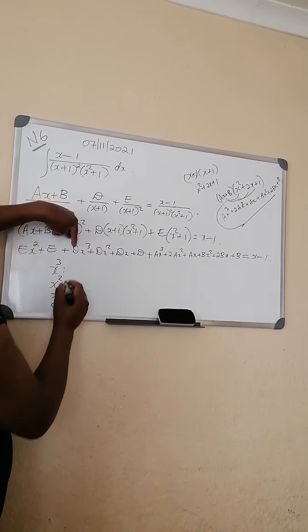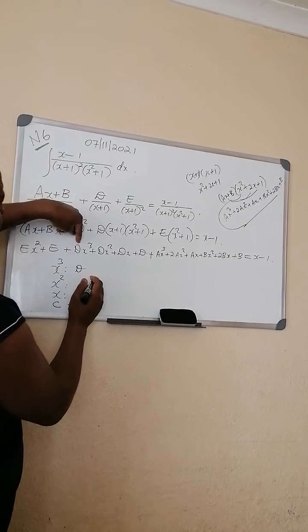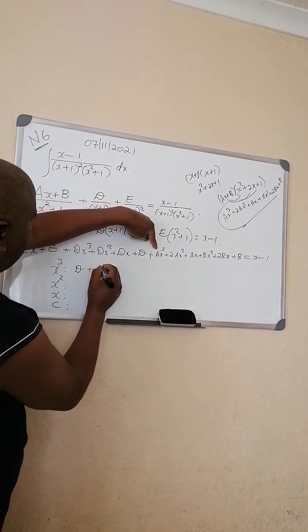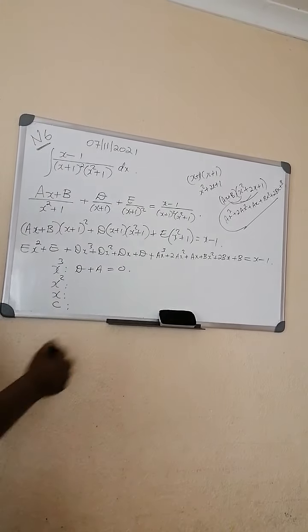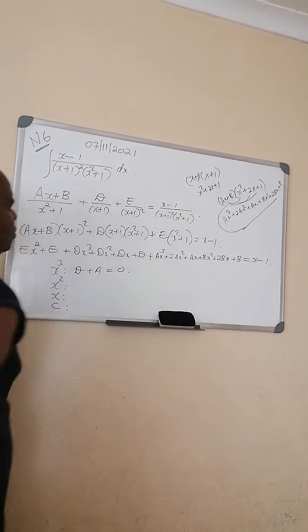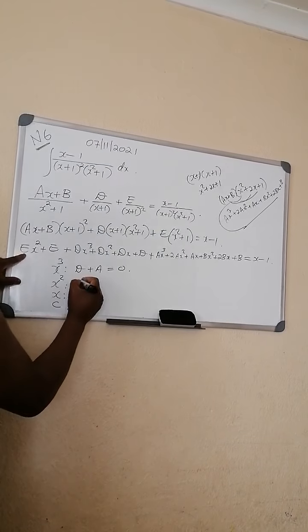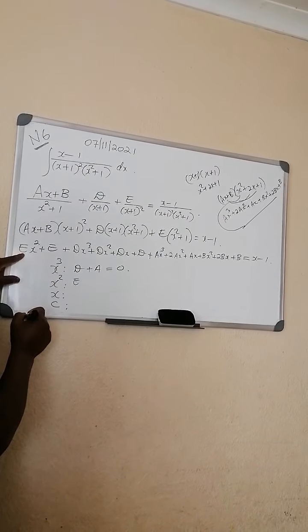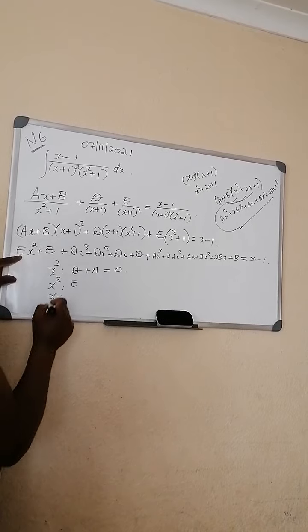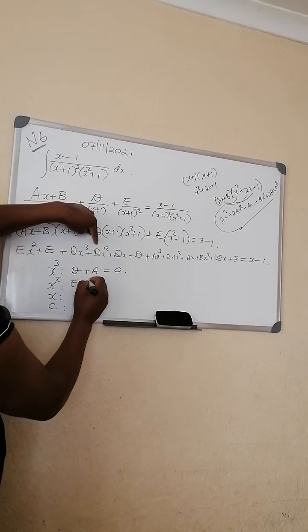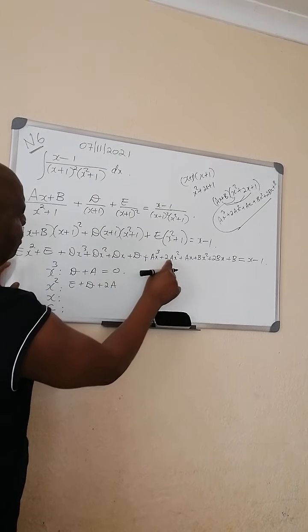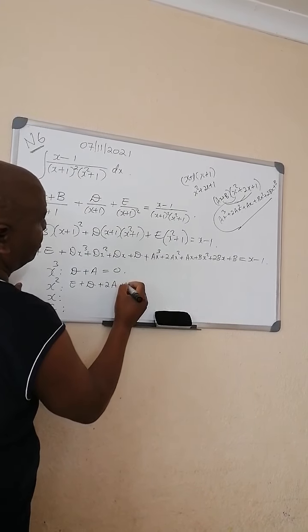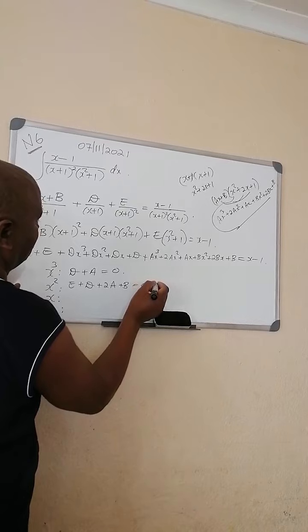So I've got my first one there as D, the second one is A, and there isn't any term, so this must be 0, because here there's no x cubed term. Now for x squared, I've got the E plus the D plus the 2A plus the B equals 0 still.